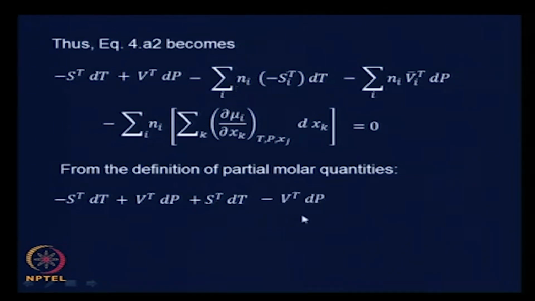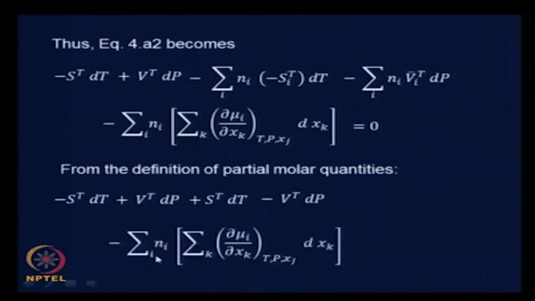So, St dT, this becomes minus. By the same argument, this is nothing but Vt, the total molar volume of the system, Vt dP, and this term has the same minus, sum over Ni times sum over dou mu i dou xk at constant T, P, xj, dxk.